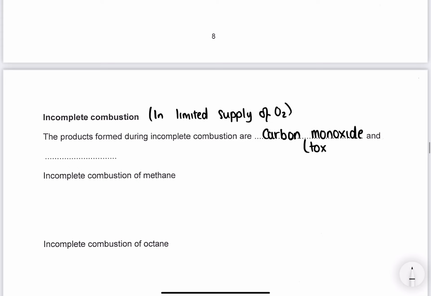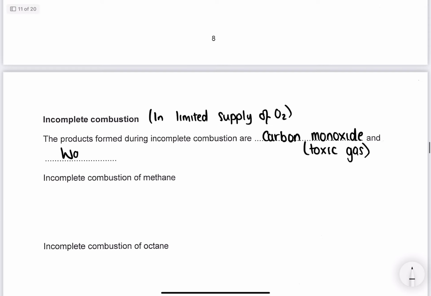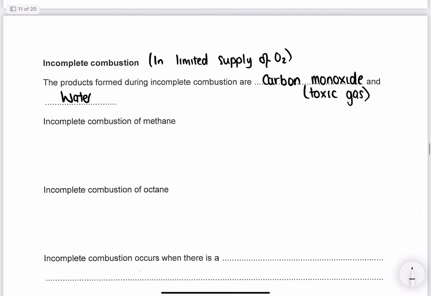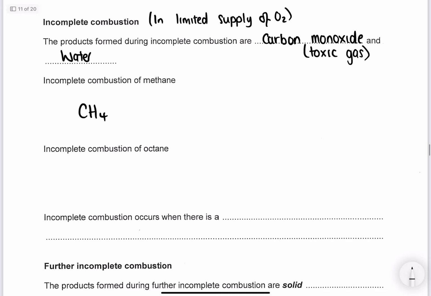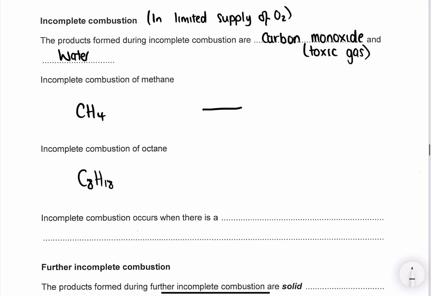This is a toxic gas. So if it talks about a toxic gas, this would probably be this equation. And we're still going to get water. We always make water. So this time I'm going to take our methane and our octane, and we're going to add oxygen and burn them, but we're going to make carbon monoxide and water.